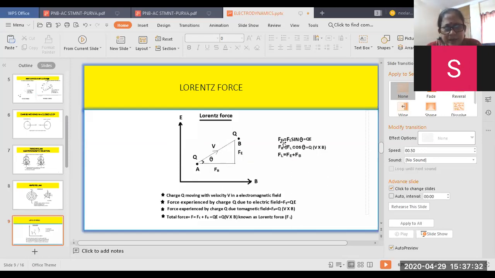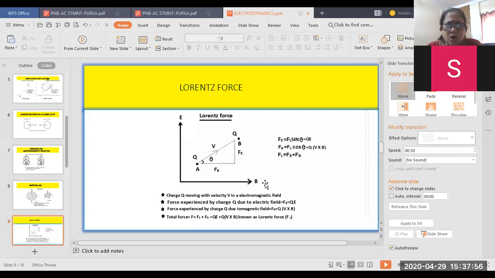So how to define FE? To define FE, I have to think about the force experienced by the charge. What is the force experienced? I will call it F subscript L. That is the Lorentz force. Why is it Lorentz force? Because the charge is moving in the electromagnetic field.